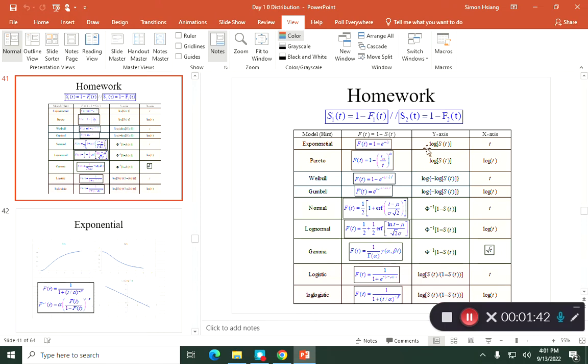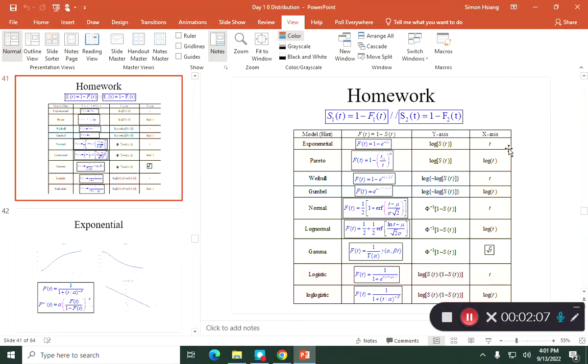The plots you need to make are log St against t, log St against log t, and log negative log. This is natural log. Look at the x-axis: either t or log t, or, for gamma, since chi-square is a special case, the square root of t. Everybody agree with me?